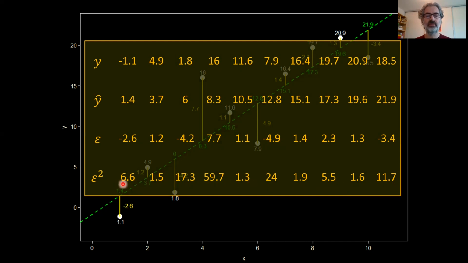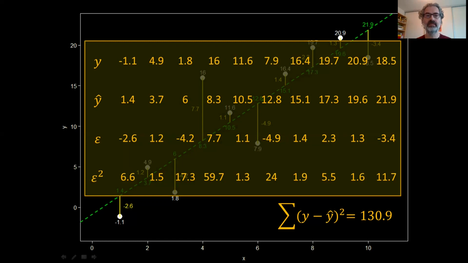And we can add all these up to come up with a summed squared error, which for this particular line is equal to 130.9. So this is the sum of all the squared differences between the actual value and the predicted value. That's our sum squared error.